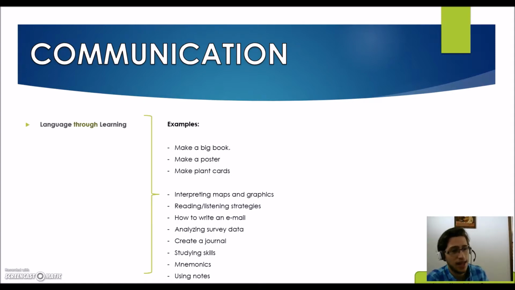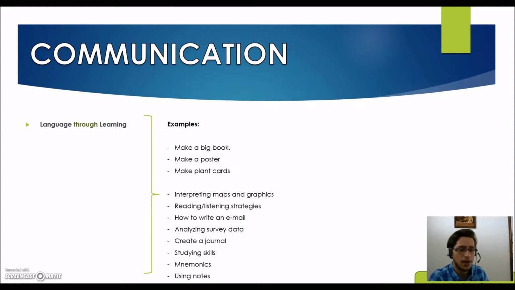Last but not least, language through learning. How to make a big book, how to make a poster, how to make plan cards, interpreting maps. Do you see? They are learning more than English, more than grammar, more than tenses, more than vocabulary.